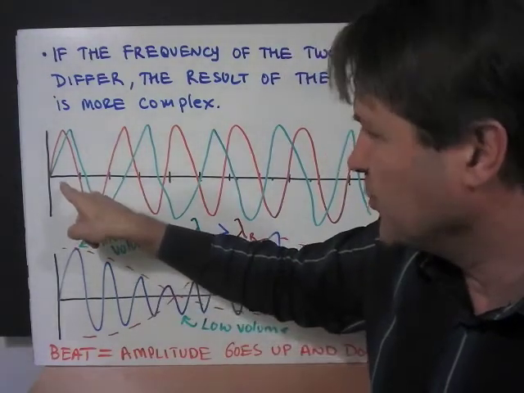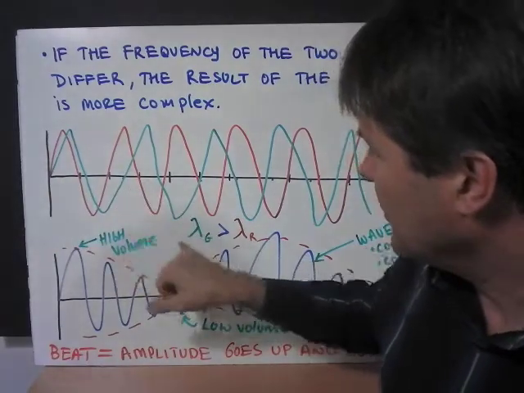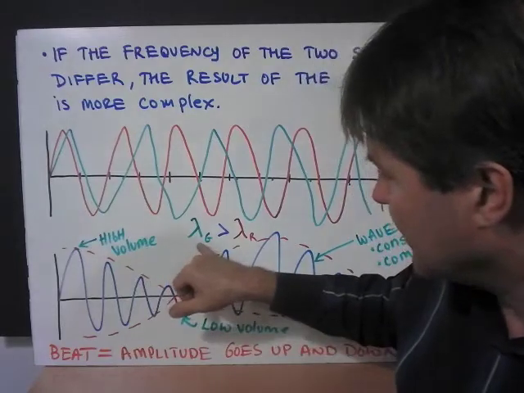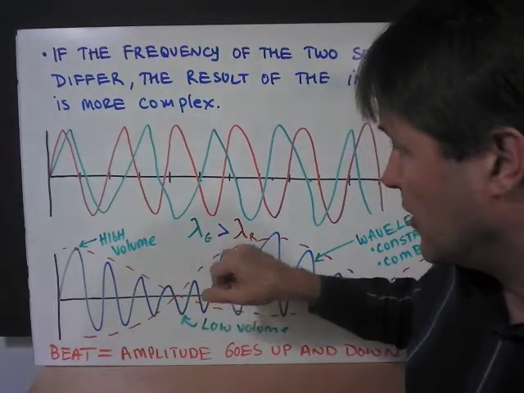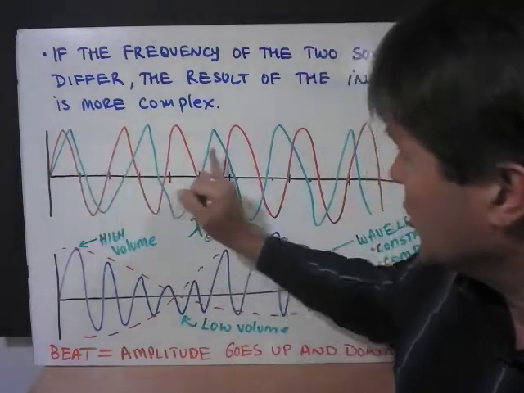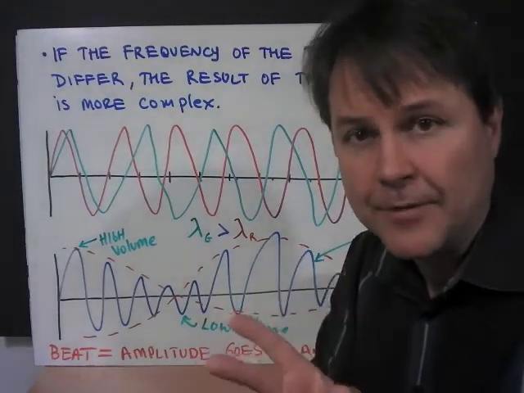So here I've roughly illustrated two waves, and because it's just a hand-drawn sketch, I'm going to emphasize that the green wavelength is larger than the red wavelength, and you can see that the green is spread out more than the red. So they're slightly different.